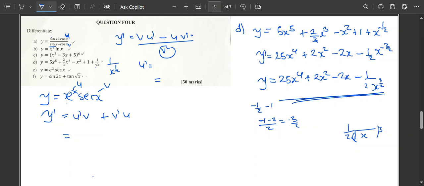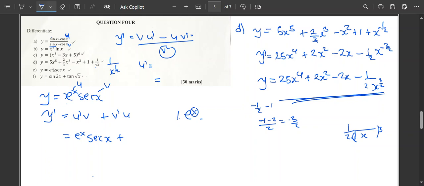So now I'll differentiate this e to the power x: you differentiate the power, then multiply times this function. So dy dx of x to the power 1 is 1, so you just remain with the same e to the power x. Then maintain v, so v is now sec x.